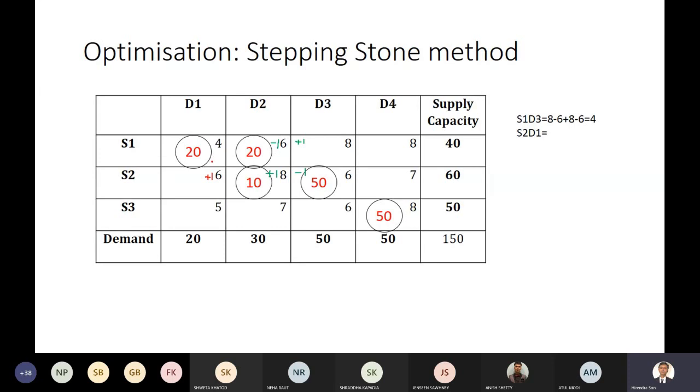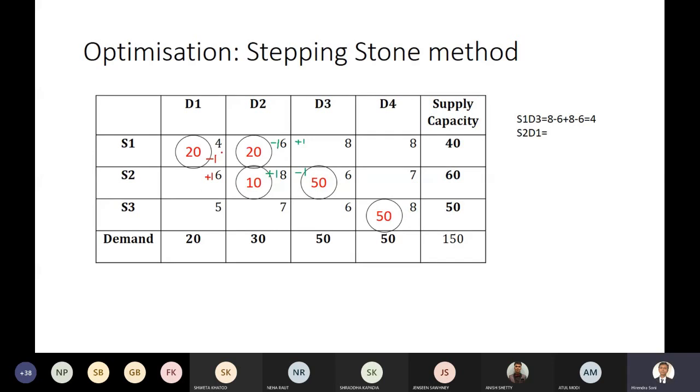In this cell, minus 1, so that my demand constraint is remaining the same. If I add 1, so this will become 21. So if I subtract 1 from here, this is maintained at 20. Correct? Yes, sir.